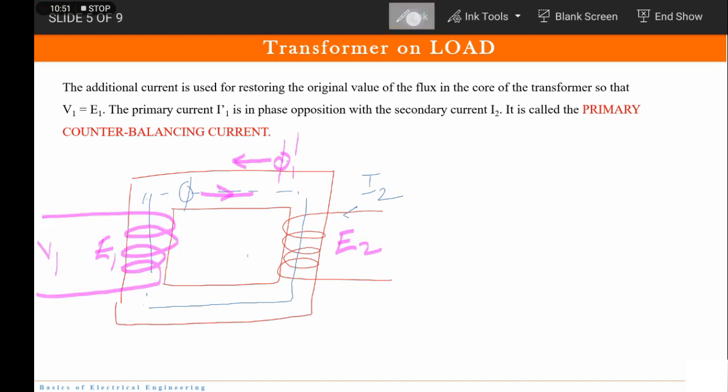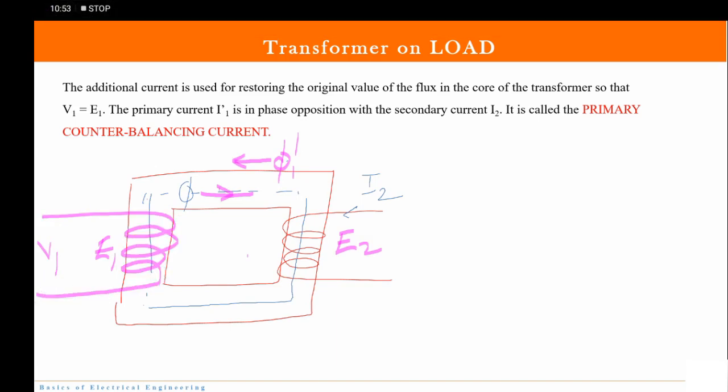Now since phi 1 dash is flowing in the opposite direction, it tries to reduce the main flux phi, because both are in opposite direction. So what is the total flux? Phi minus phi 1 dash. When it reduces flux phi, it actually reduces E1 also.